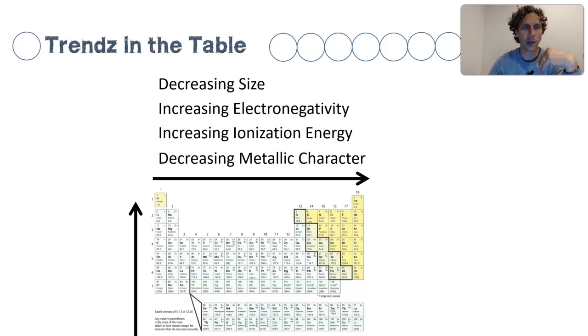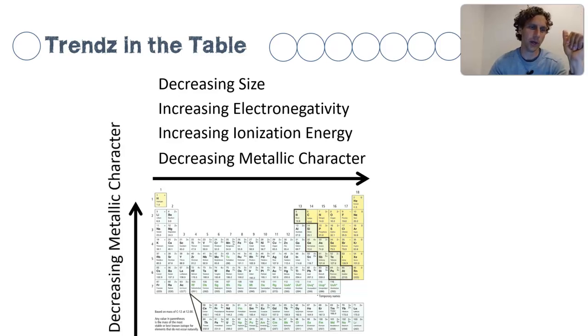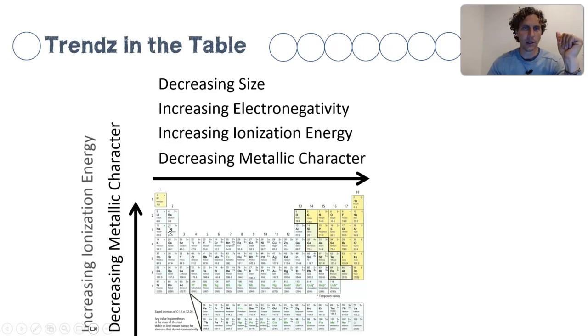Okay, what about as we move up the periodic table? Well, decreasing metallic character as you move up. Also, increasing ionization energy, right? The opposite is true as well. As you move down, it's decreasing ionization energy. Takes less energy to pull an electron away from cesium than lithium.